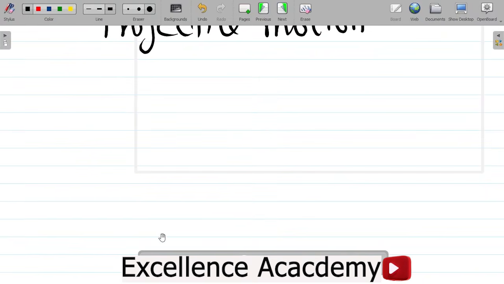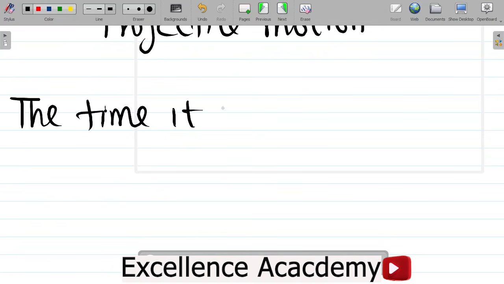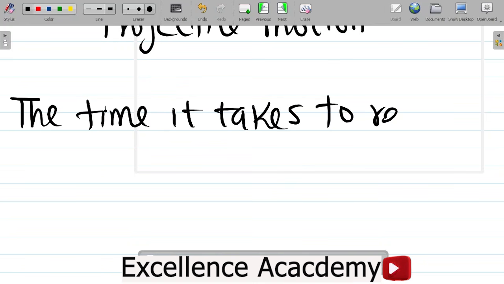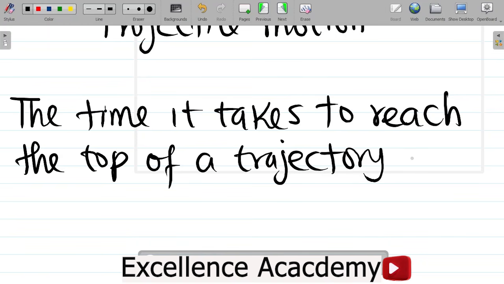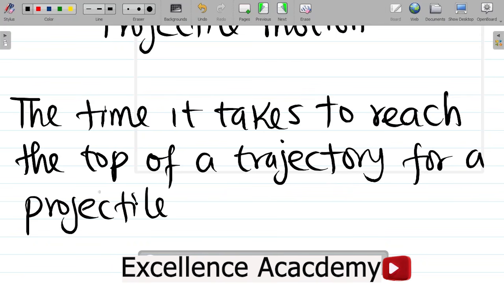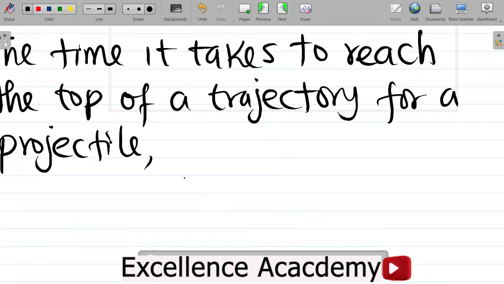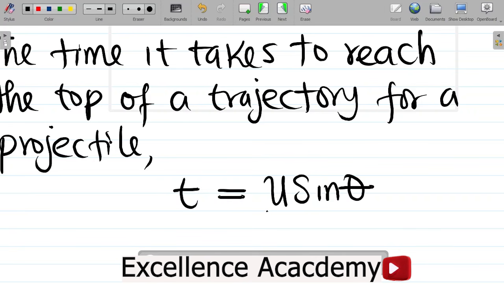Now, for projectile motion, we know that the time it takes to reach the top of a trajectory for a projectile is given by small t, and the formula is u sine theta all over g.